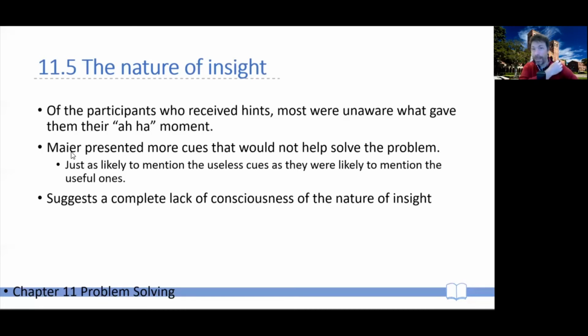So the fact that they saw the rope swing after it was brushed by the experimenter. This really suggests overall that there is a complete lack of consciousness regarding the nature of insight. It just seems to be something that happens completely outside of our domain of consciousness.